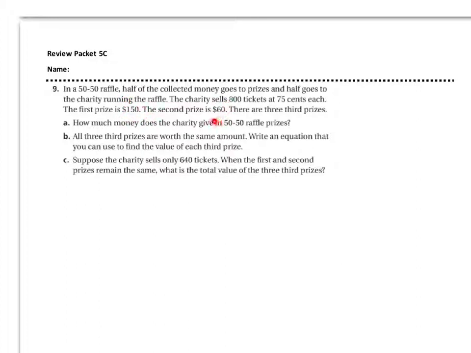Then whatever money is left, you divide by 3, because you have 3 third prizes, and that's the amount each third prize will be. So again, half of the collected money, divided by 2, right?